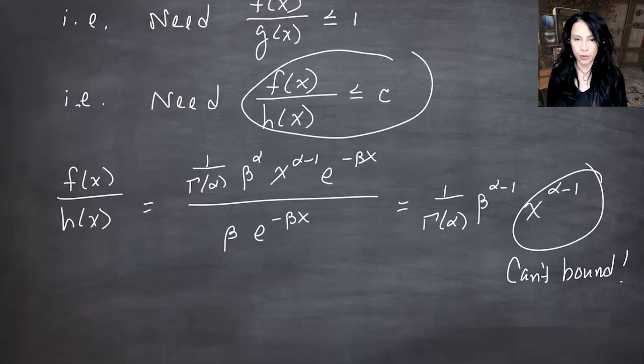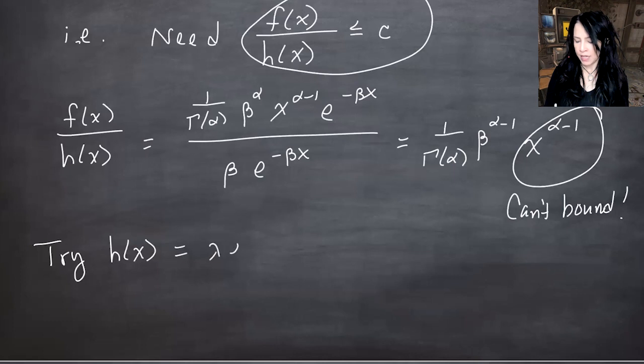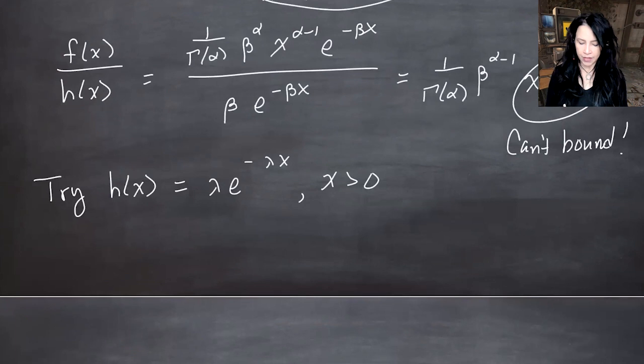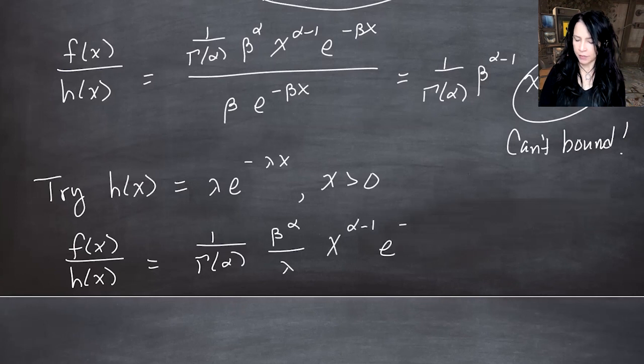Let's just look at a more generic rate. So I want to try h of x equaling some lambda e to the minus lambda x. And then if I look at f of x over h of x, I will get 1 over gamma of alpha, beta to the alpha over lambda, x to the alpha minus 1, e to the minus beta minus lambda x.